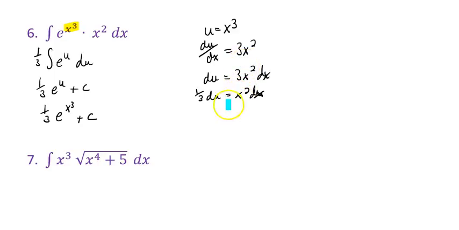You have to end up dividing by the 3 because the 3 is not in the problem originally. And you end up with the x squared dx matching the x squared dx from the problem. So you substitute in 1/3 du for the x squared dx, and then the u for the x cubed, so it gives you 1/3 integral e to the u du. The antiderivative of that would be 1/3 e to the u plus c, and then you plug back in for u. So that one was a partial derivative kind of problem.